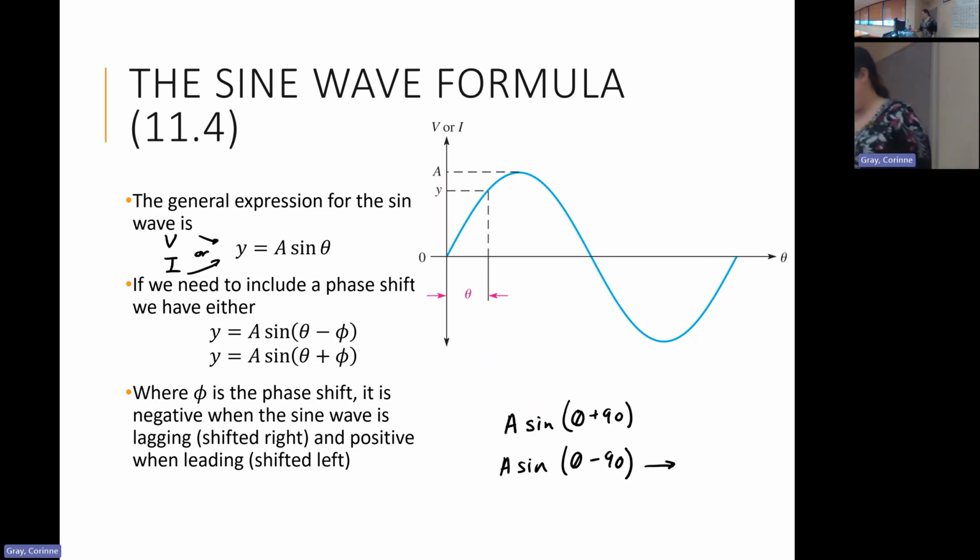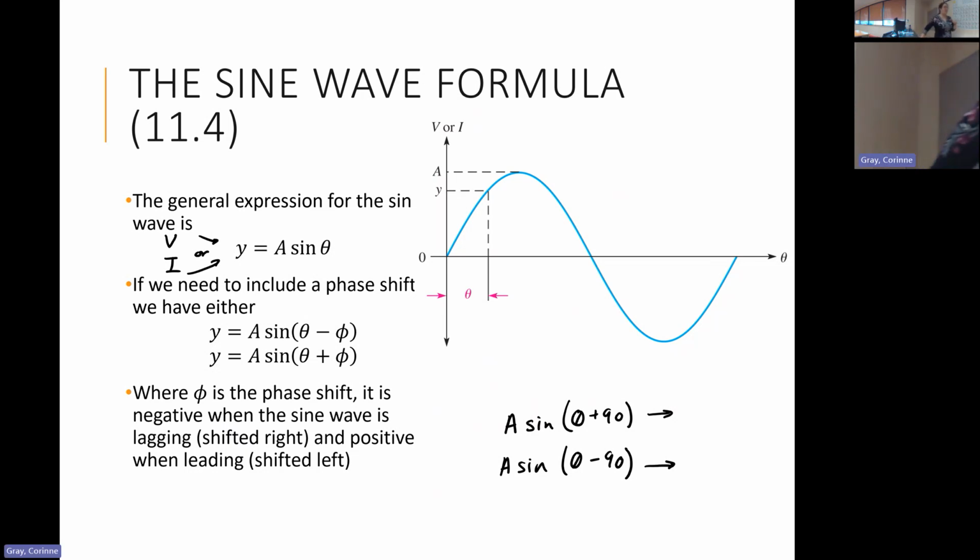So if I'm looking at these here, if I plug in sine of theta equals 0, just in general, that should give me 0. But if I'm at 90 degrees, I want to figure out which one of these gets me a value of 0.